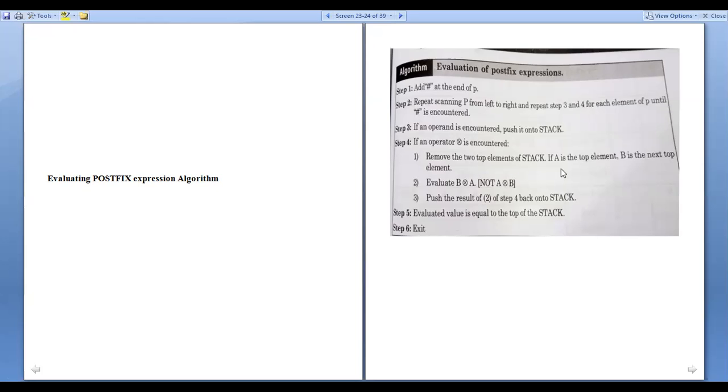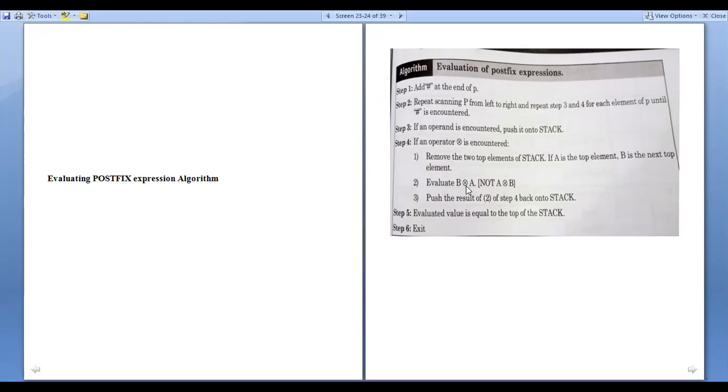If A is the top element and B is the next top element, then as per the second sub-step of the fourth step, we have to evaluate B operator A. This can be any kind of operator.